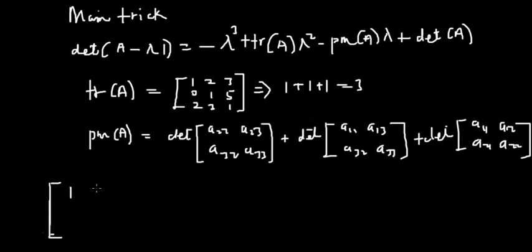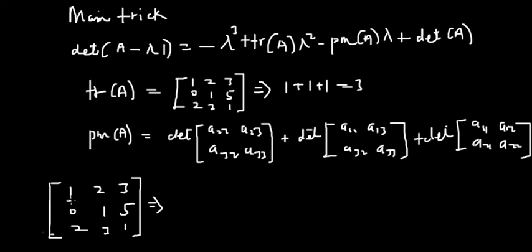So we have 1 2 3, 0 1 5, and 2 3 1. In case you've watched my video on how to find the determinant of a 3x3 matrix, you'll be able to understand. It's quite simple. All you are doing is finding the determinant of sections of the matrix.